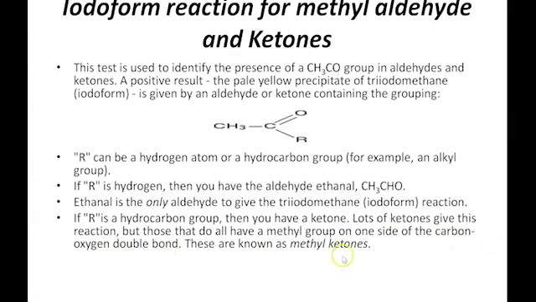These are known as methyl ketones. So all methyl ketones can form a pale yellow precipitate with alkaline iodine solution, but from aldehydes, the only one that can give a positive result is ethanal.